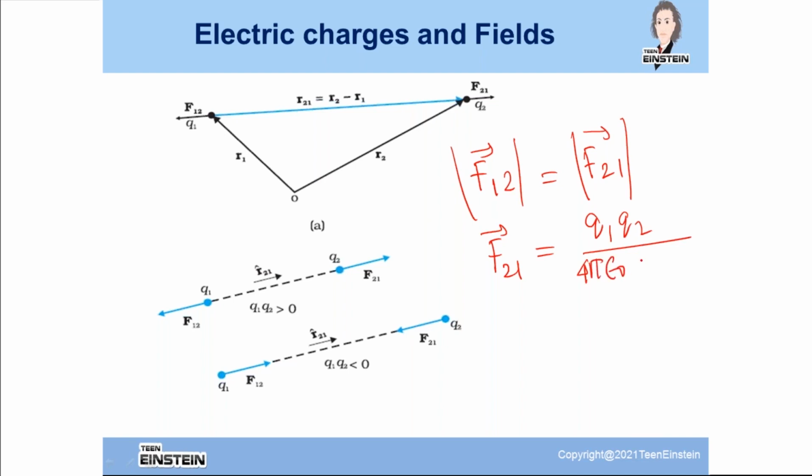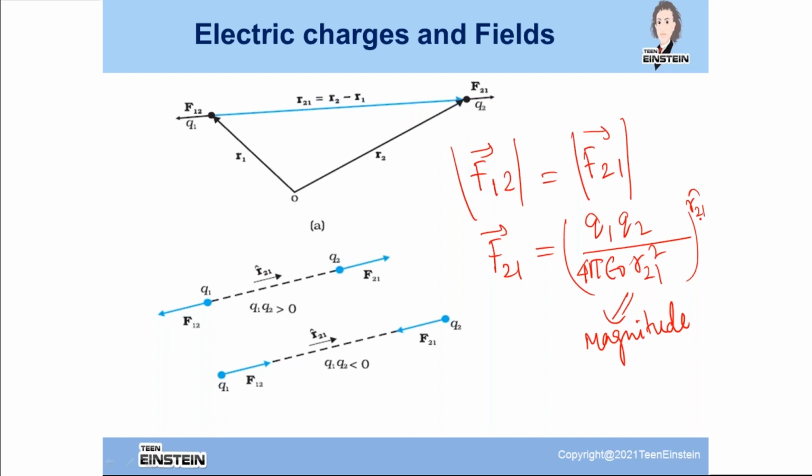So now if I write F21, how do I write it in terms of vector? Q1 Q2 divided by 4 pi epsilon naught R21 square, and this will have a unit vector along the R21 direction.